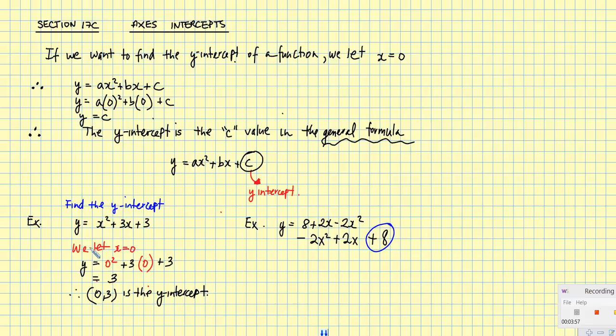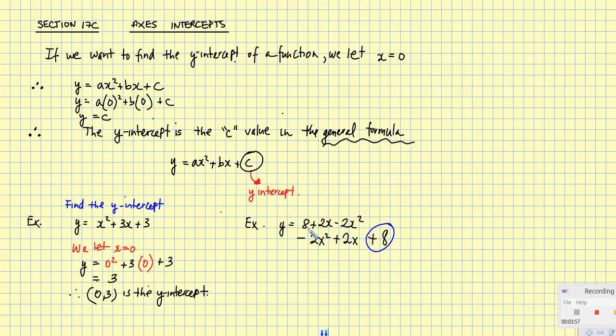So, for example, given y equals x squared plus 3x plus 3, if we let x equal 0, then y equals 0 squared plus 3 times 0 plus 3. And we know that our y-intercept is 3, or (0, 3). Same thing in the next problem. Now be careful, we always have to put them in order from greatest degree to smallest degree.